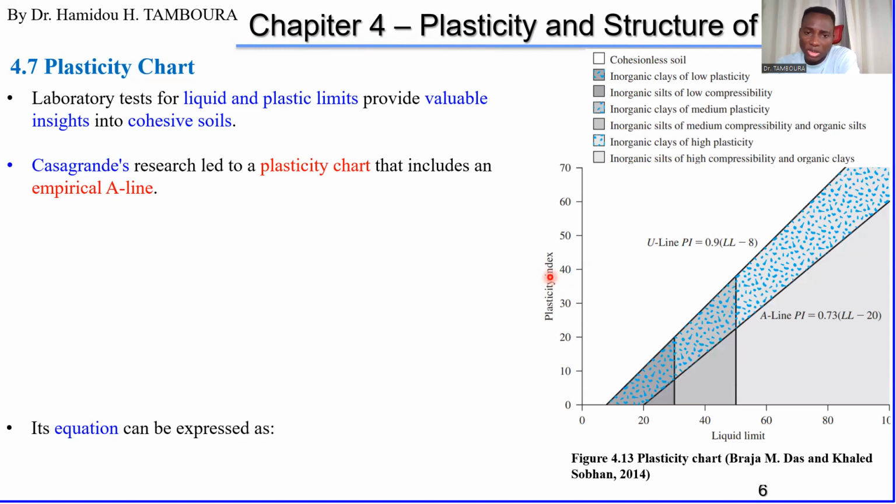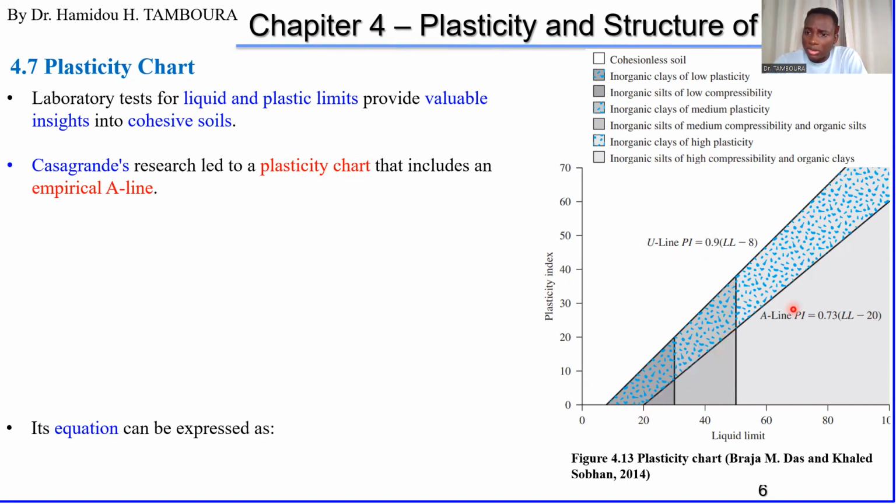Sorry, I didn't include the formula here, but if you check the previous video, we talked about all this. If you have the liquid limit and the plastic limit, you can easily get the plasticity index by doing liquid limit minus plastic limit. I hope you remember that.